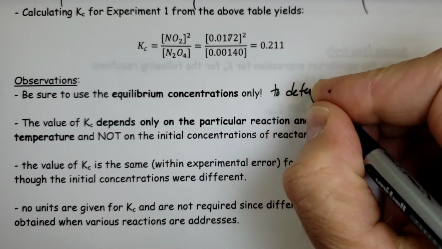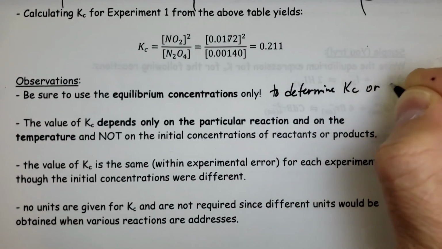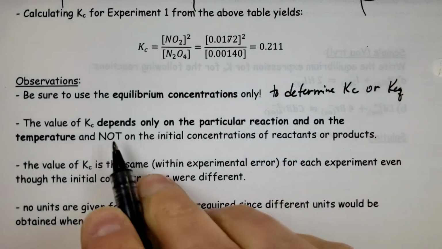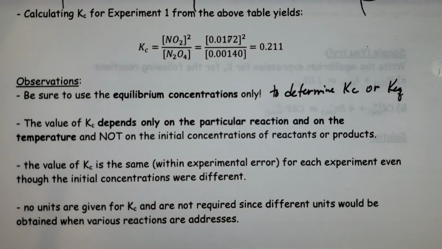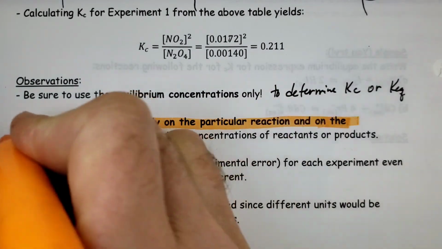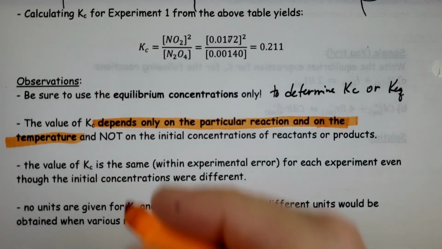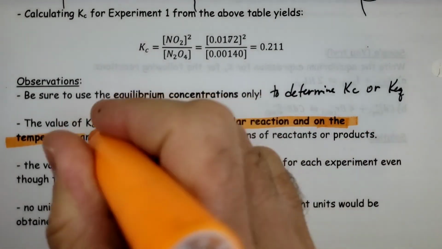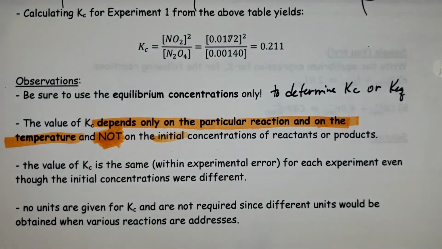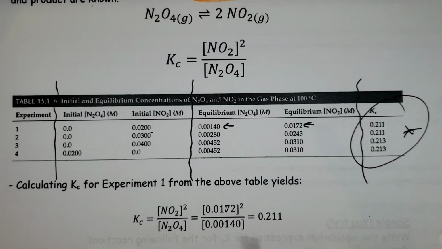To determine Kc or KEQ, the value of that number, as we'll see, depends only on the particular reaction and on the temperature. We'll see that temperature makes changes later on, and not on the initial concentrations, because as we saw here, it doesn't really matter what we start off with.